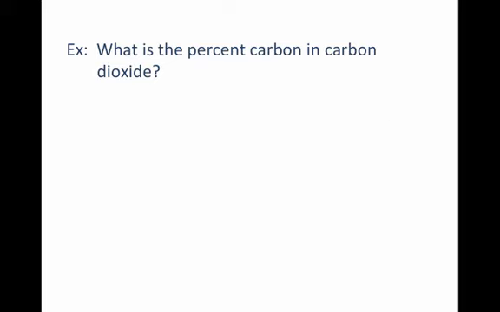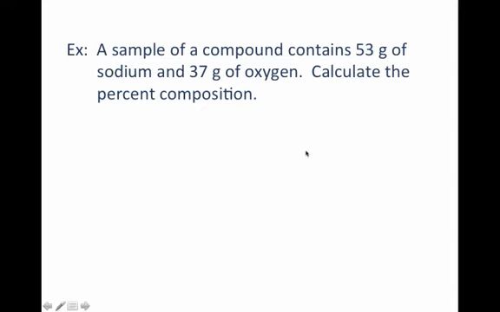The third type of problem I can give you is when instead of giving you the percent, I give you the mass. So this would be kind of like if you did an experiment and you had some experimental data that you were going to find the percent composition using that data. So this question says a sample of a compound contains 53 grams of sodium and 37 grams of oxygen. Calculate the percent composition.